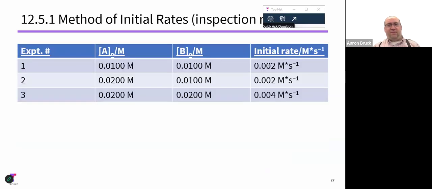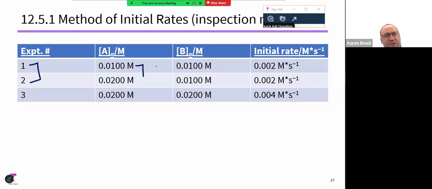But we'll start with inspection. The inspection method kind of just asks us to look at, okay, what did we change and how did that impact the reaction rate? So I'm going to compare experiments 1 versus 2 here.